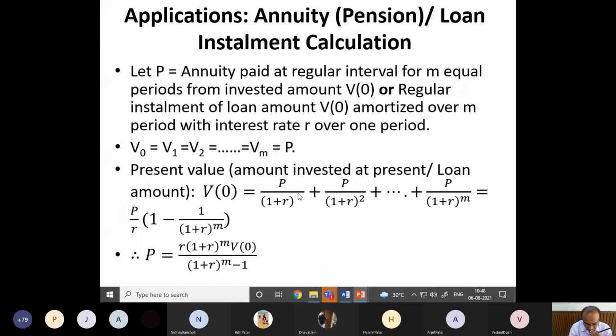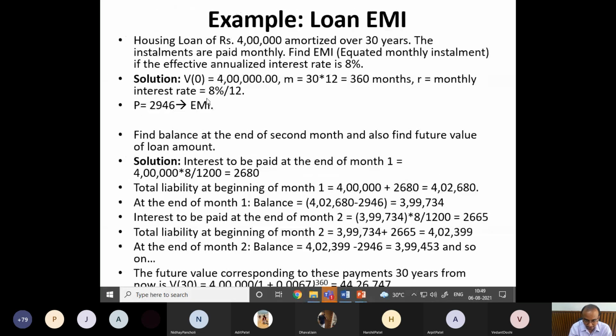The R is the same. All the cash flows are the same. I know the capital M. I have received a loan amount of 4 lakhs, and then I am paying an EMI every month of 2946 for 360 months, right? For 360 months. So what will be my future value?